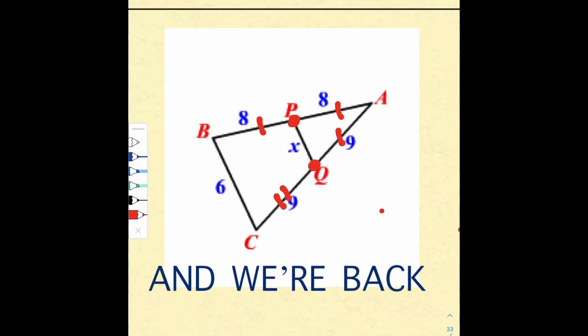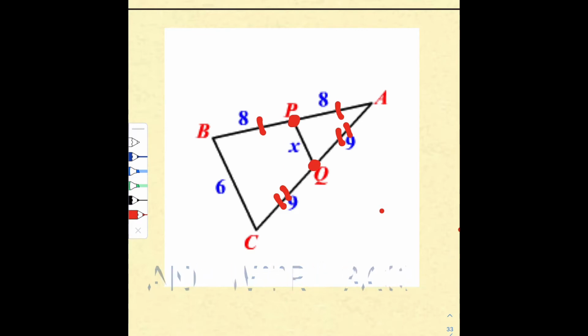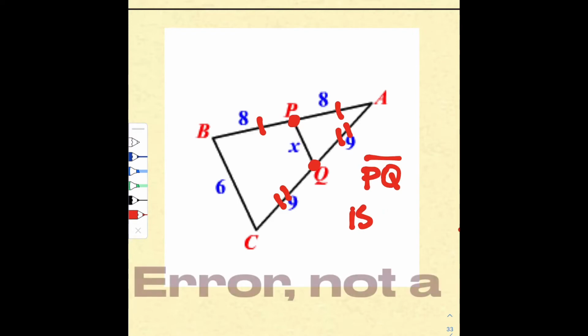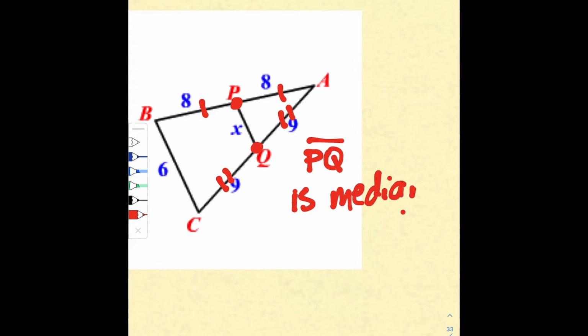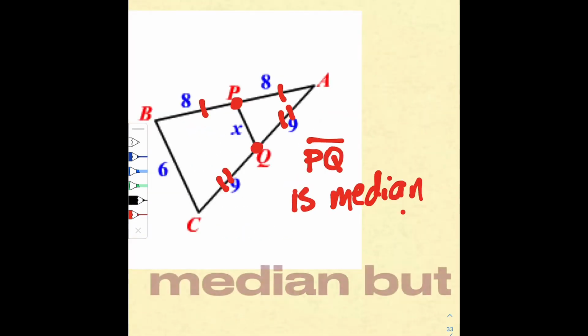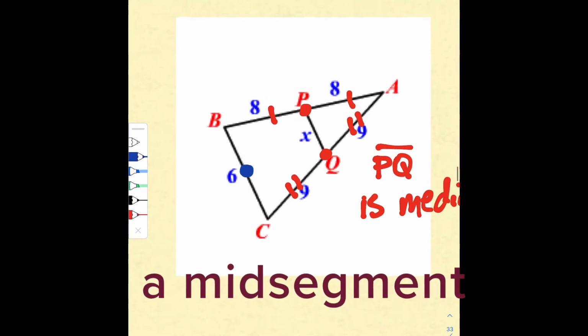We also have another midpoint, Q, over here. So I can draw a line. So PQ is a mid-segment. Sorry, I said midpoint, I meant mid-segment. Again, there are other midpoints.